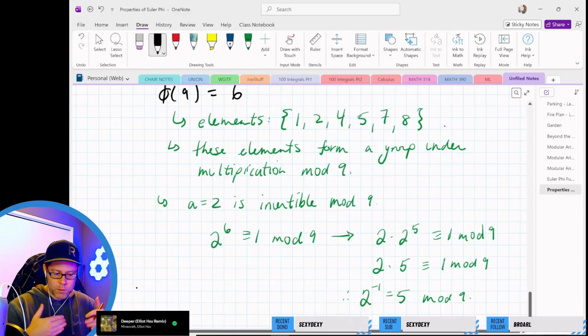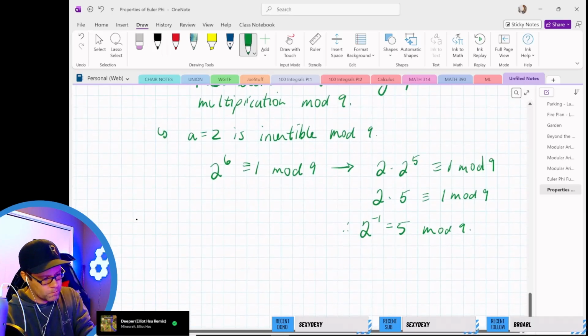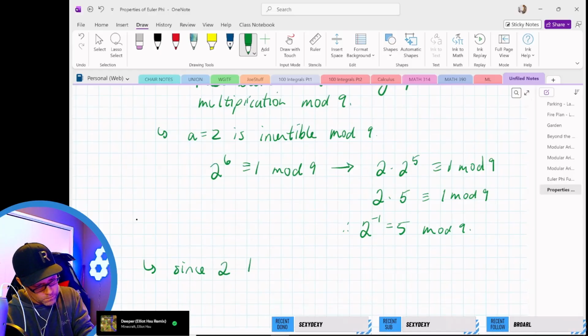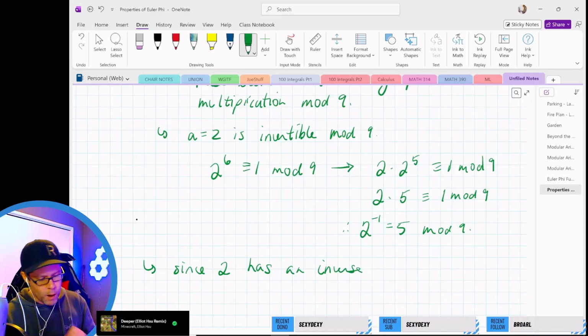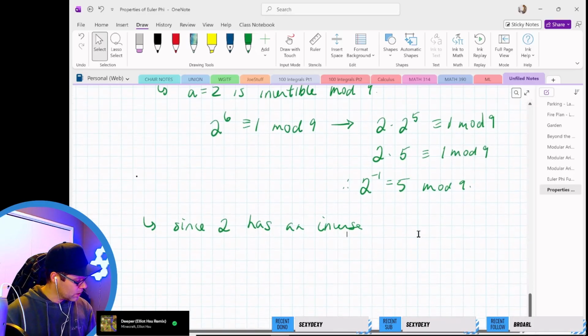But if I multiply by 2, I also get an equivalent set of congruence classes that would cover all of the elements that I need to cover as well. So this is a property of inverses when we're working in multiplication modulo arithmetic.